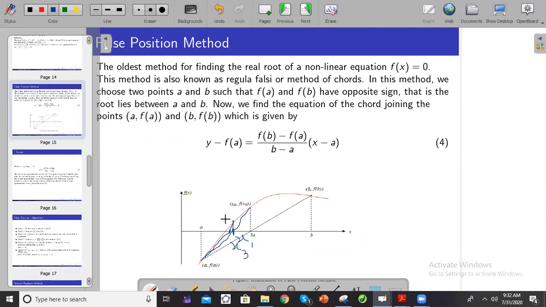Or तिम्रो roots भनेको यो रेड लाइनले कट गरेको ठाउँ हो. This is our root, everyone. See. Okay, मैले chord कसरी रिपिट गरे तिमीले देखिराछौ. x0, x1, x2. This is not x3. We have x2. Move गर्छौं हामी until we get our desired accuracy. So this is called the method of chord.